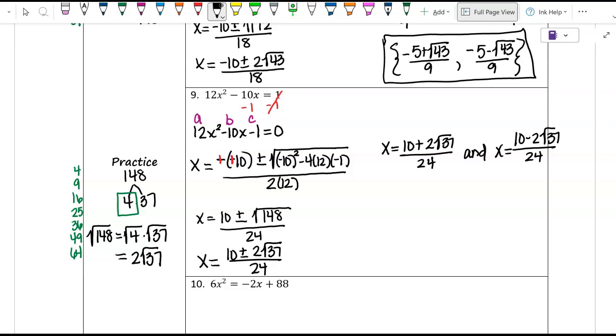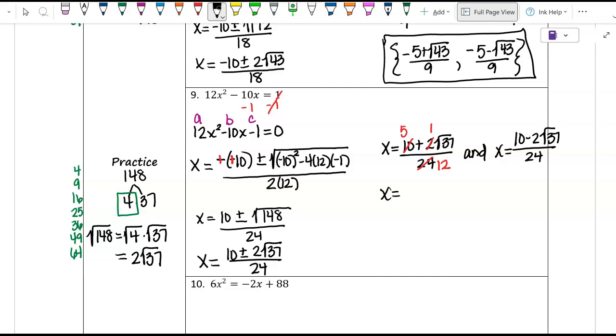And again, I can't do the subtraction on the top because I have a number with a radical and a number without a radical. So I cannot combine them, but I can reduce. 10, 2, and 24 are all divisible by 2. So 10 becomes 5, 2 becomes 1, 24 becomes 12.